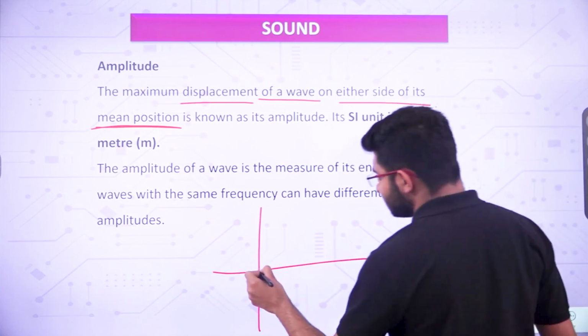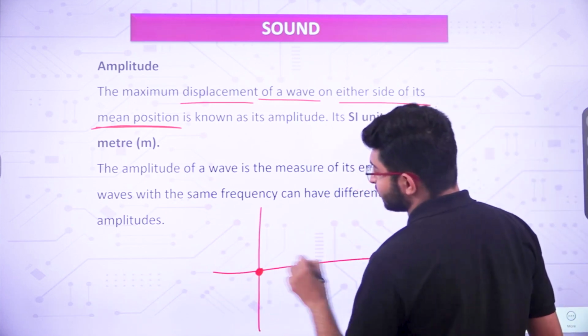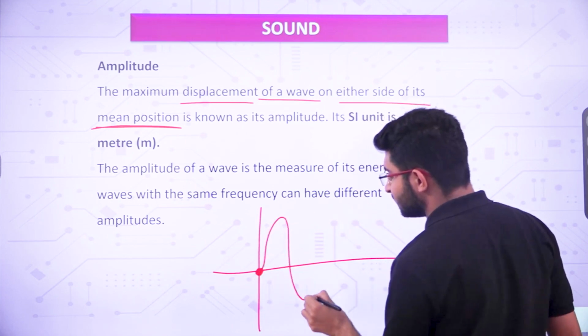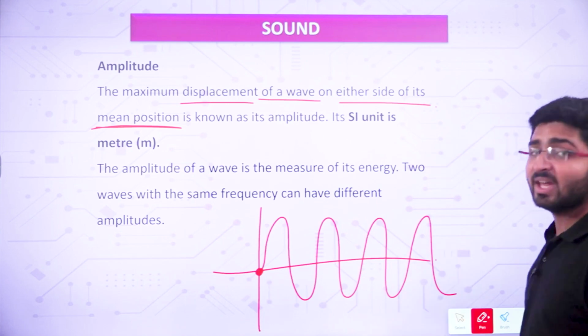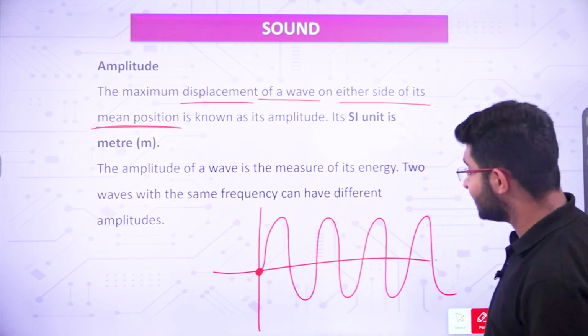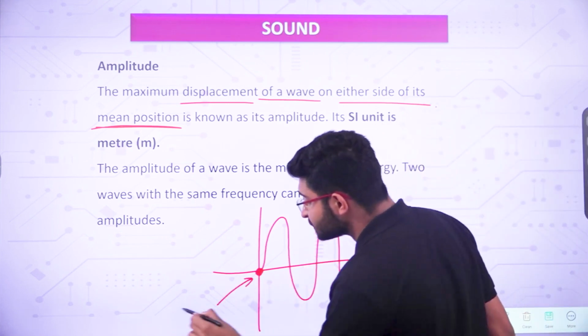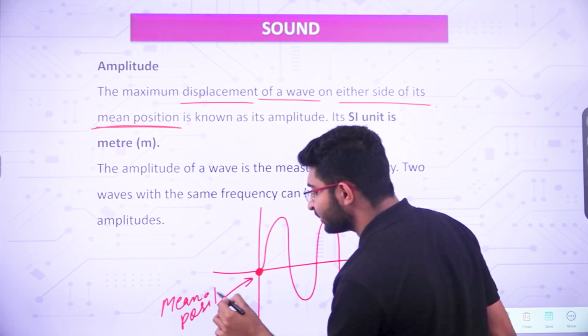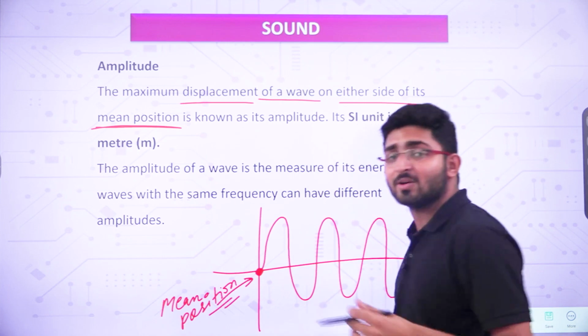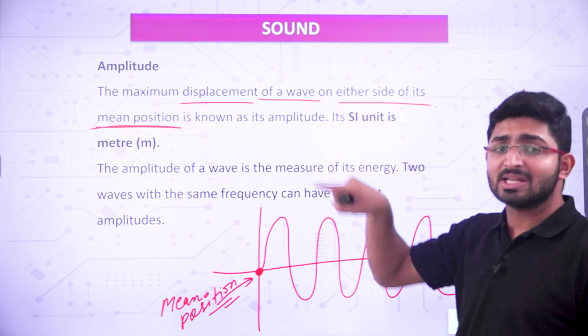This is a wave starting from this point, something like this. If the wave is starting like this, this will be the mean position of the wave. So the mean position is that position from which the wave is initially starting, right?